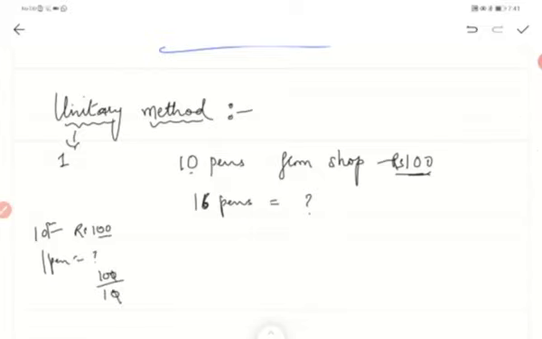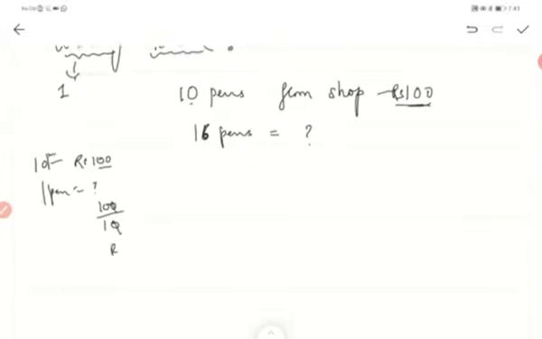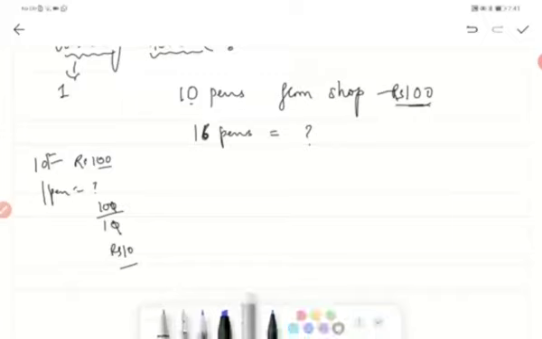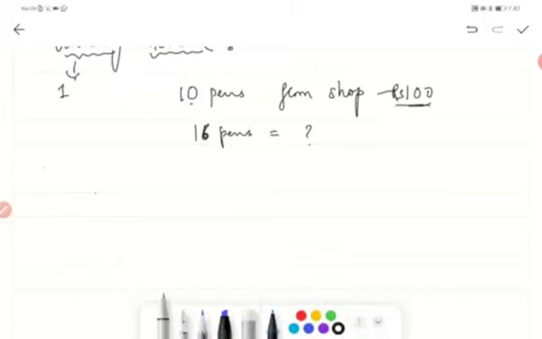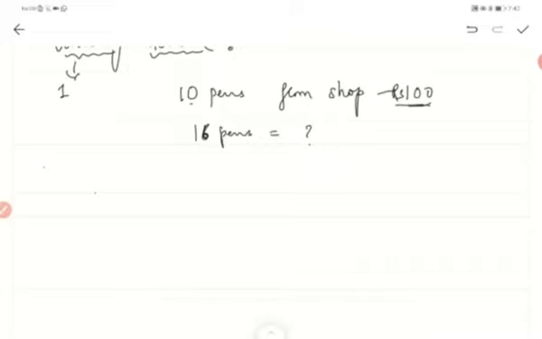Each pen will cost me 10 rupees. Now I have found out the cost of one pen. Unitary method means you are going to find the cost of the unit, which is 1. Unit means 1.